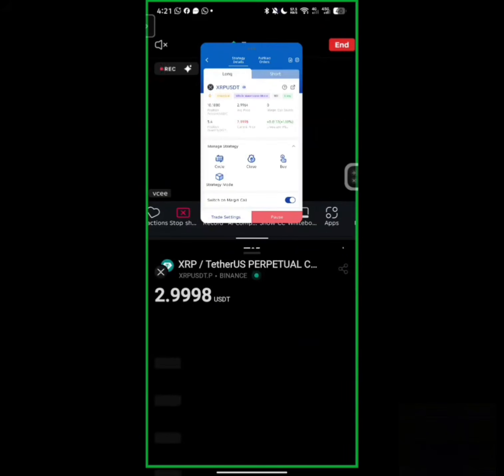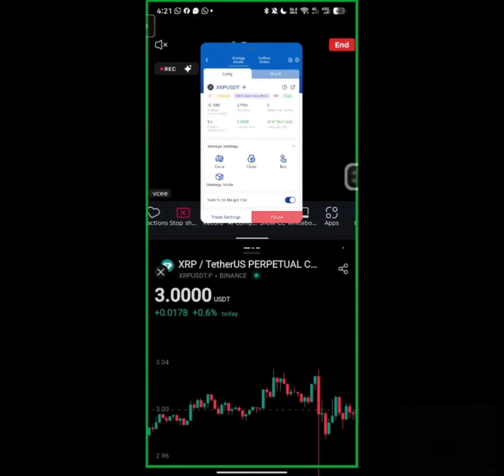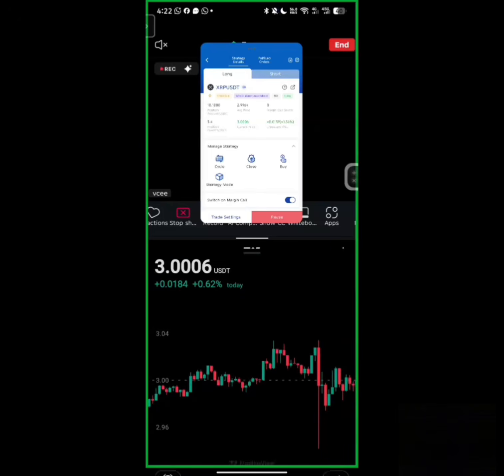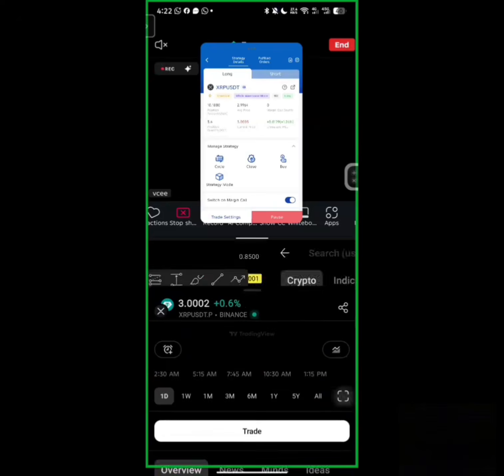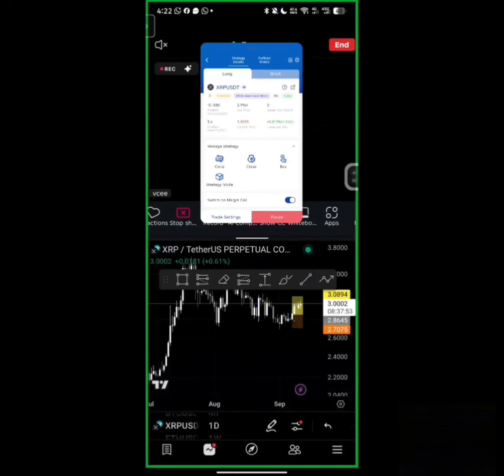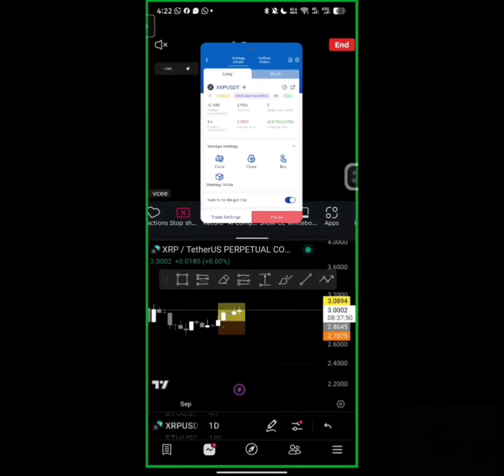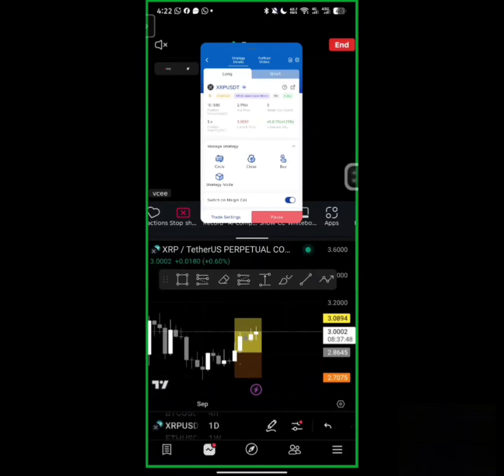Here is the coin, XRP. Here is the signal itself.